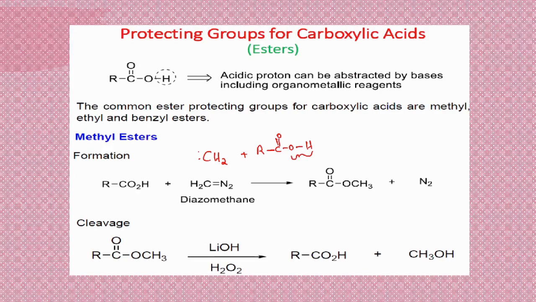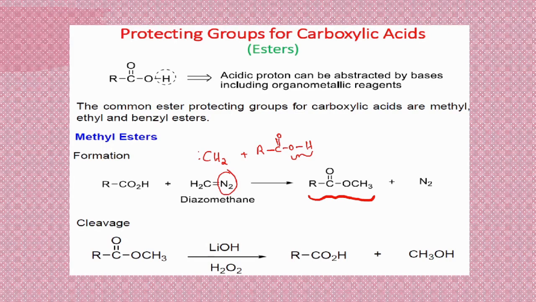Resulting in the formation of methyl ester. And from here, nitrogen is eliminated. So, that is the protection step for carboxylic acid. It can be protected as methyl ester.